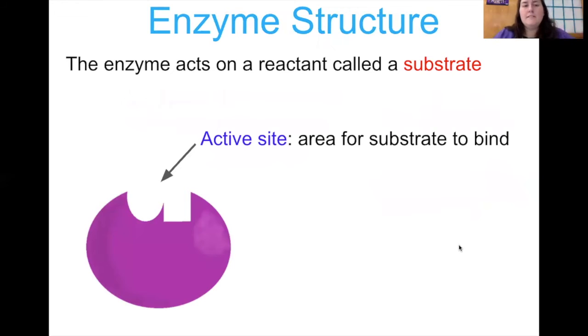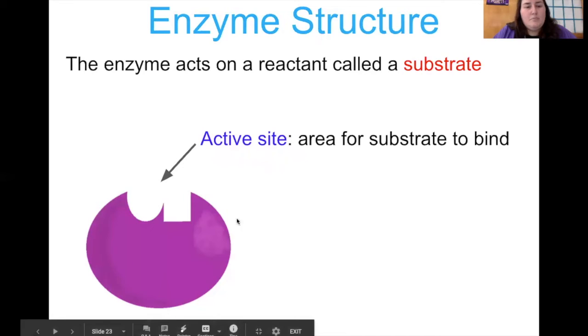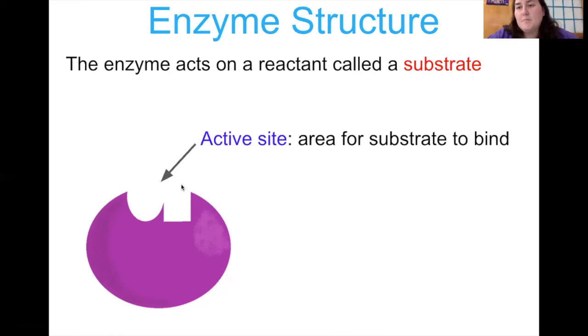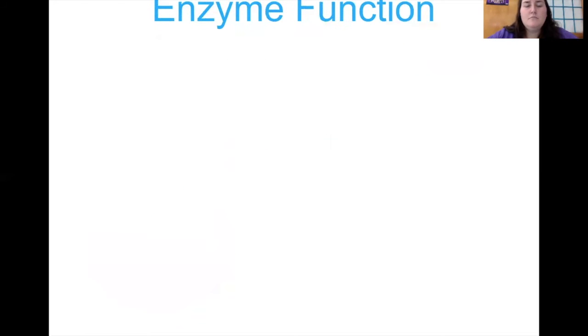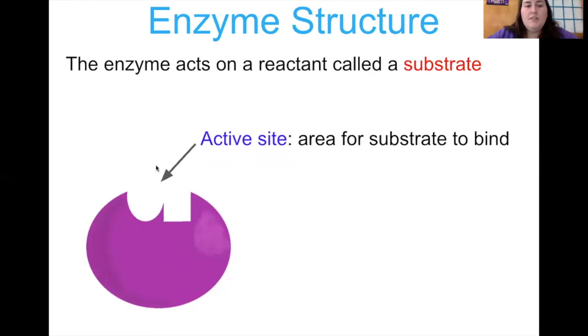And so the basic structure of an enzyme is a protein substance, right? But it's going to have a couple locations for different substrates or molecules to bind to. These sites or locations are known as active sites.